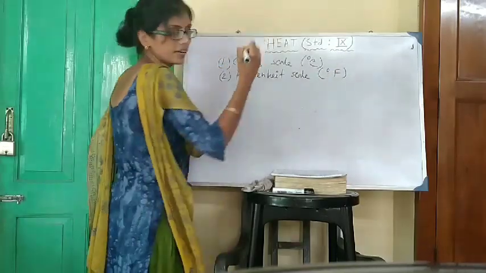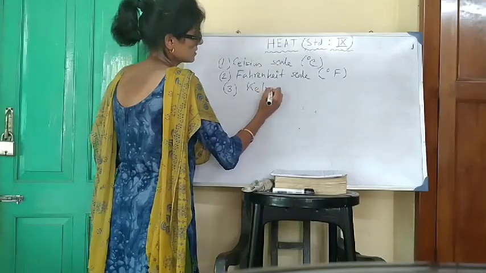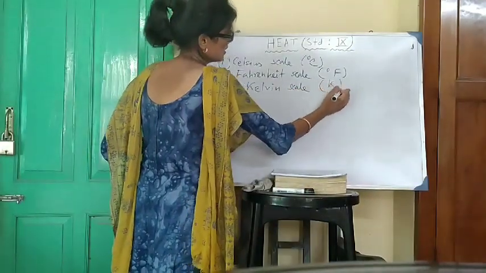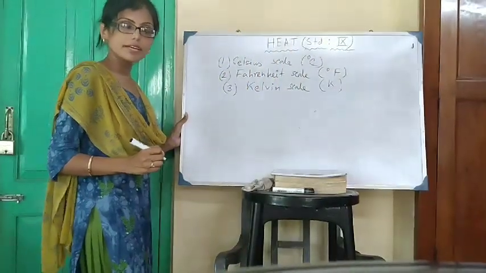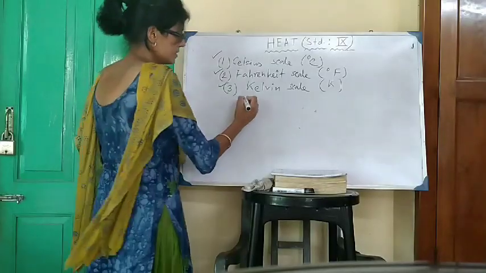Unit degree F. Number 3, Kelvin scale. Unit is K but not degree K. Right? What is the relation among Celsius, Fahrenheit and Kelvin scale?